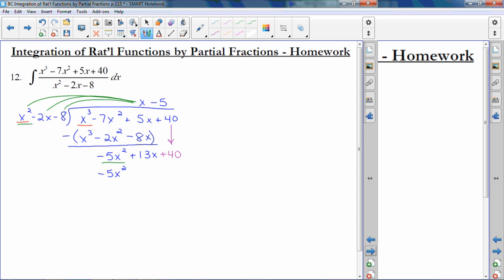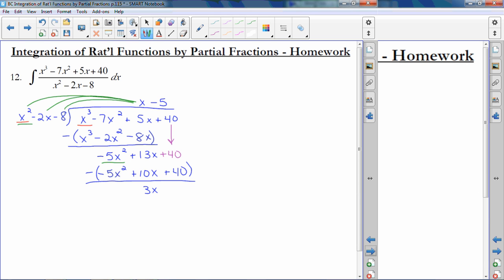Negative 5 times negative 2x is positive 10x. And negative 5 times negative 8 is positive 40. And we subtract. Negative 5x squared minus a negative 5x squared is 0. 13 minus a positive 10x would be 3x. And then 40 minus 40 is 0.